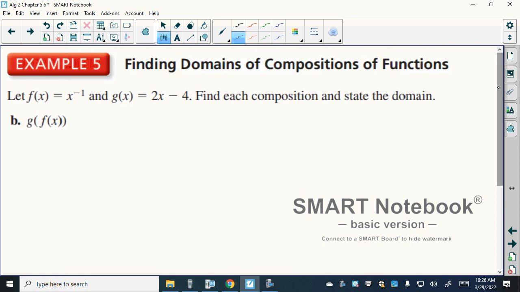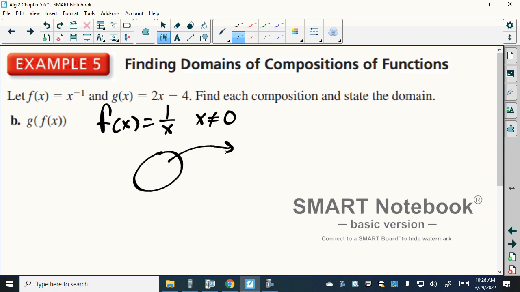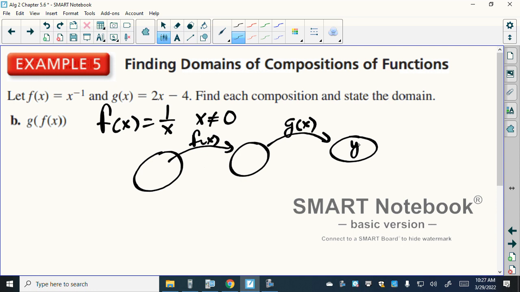Well, this one here, again, our f of x function is just 1 over x, and we said x cannot be 0, yes? F of x, and then we have our g of x to get to the final range. But we're applying f of x first, yes? So that means in this first one, well, we can say x cannot be 0, yes?